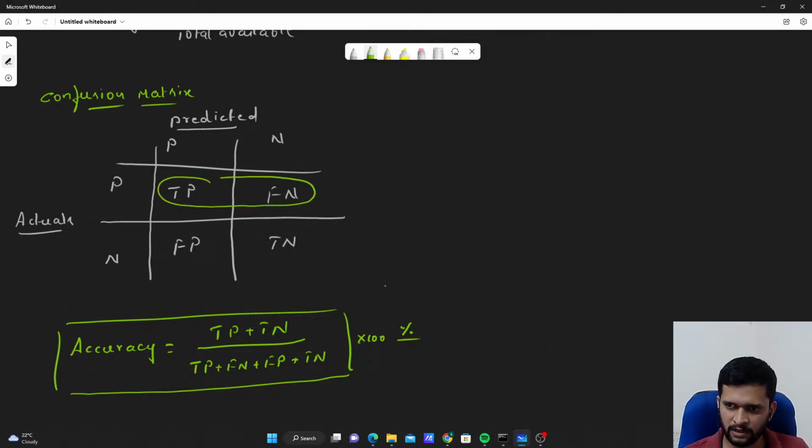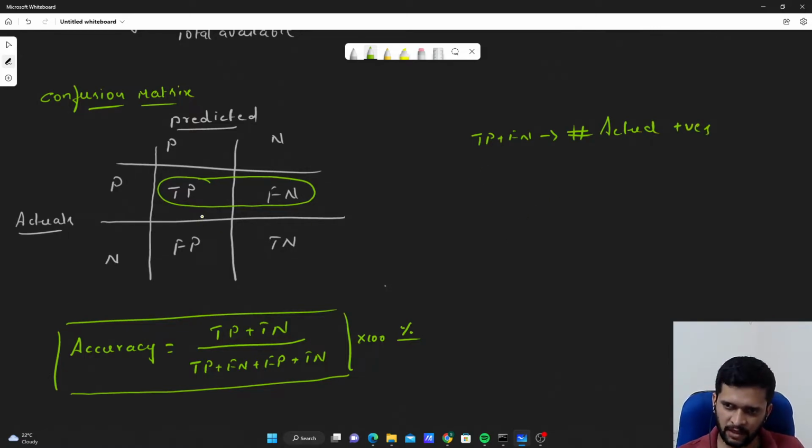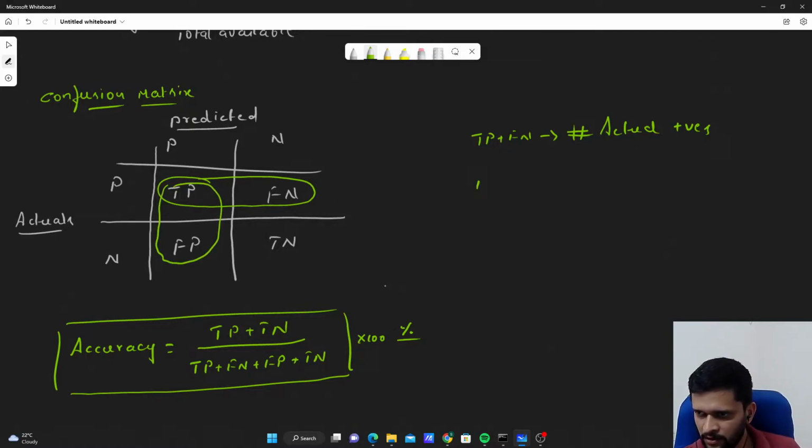TP plus FN, this gives us the number of actual positives. And similarly, TP plus FP gives us what? Predicted positives, correct? So this is the number of predicted positives.